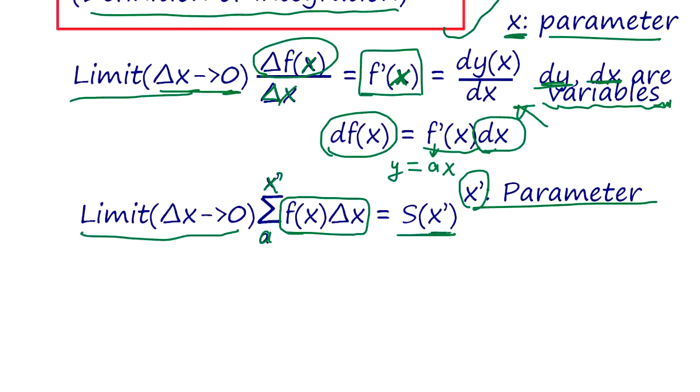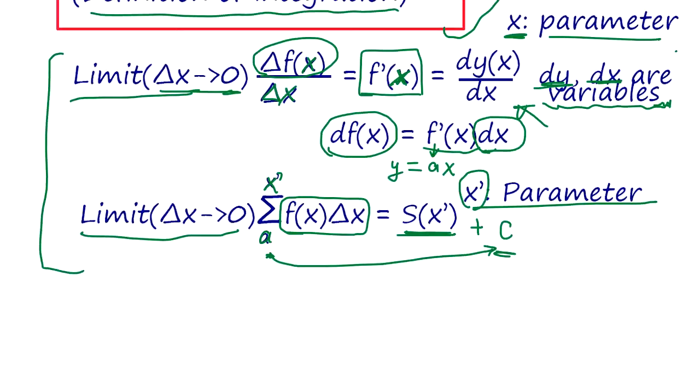That's why a summation always has some constant c, which is related to the arbitrary number here. So this is integration. That's all about calculus. The remaining is just details. This is the core concept of calculus. So once you understand this, you have no problem with calculus.